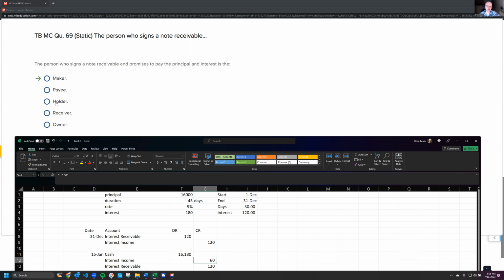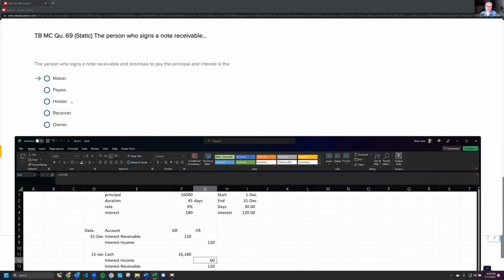I would not say that they're the holder. Well, two parties could sign a note receivable, but the person who promises to pay is the maker of the receivable. So that's kind of tricky here. Payee, I mean, they are a payer, but the payee arguably is the person that's receiving the money, not paying the money.